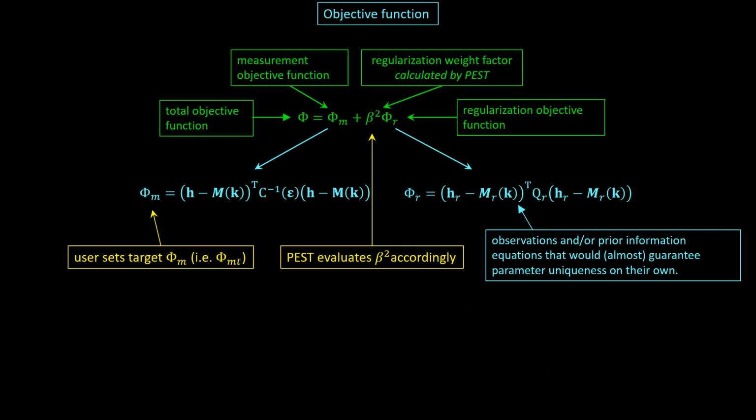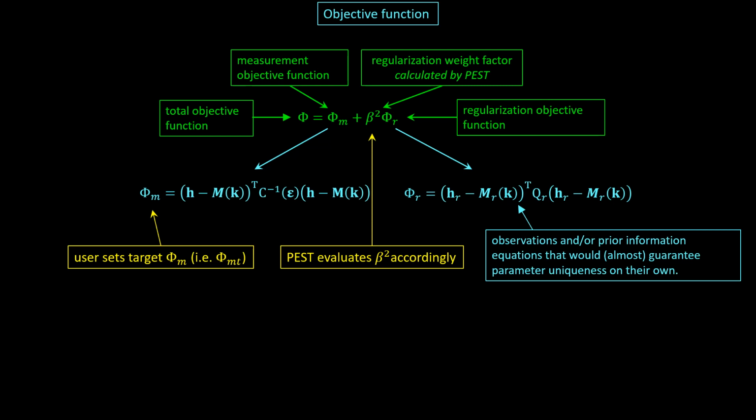It starts to rise, and hence there's a penalty on the total objective function, if there are departures from that preferred parameter condition. So here I'm not talking about initial parameter values as with Bayesian Tikhonov, though that is a preferred parameter condition, but I'm speaking a little bit more generally. I need to define a condition for the parameters which on its own almost provides uniqueness of parameters.